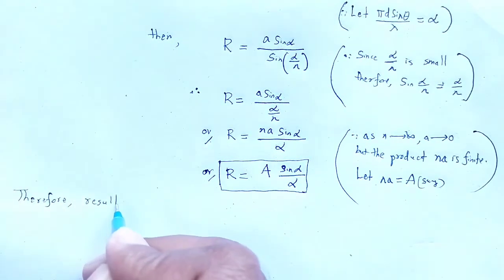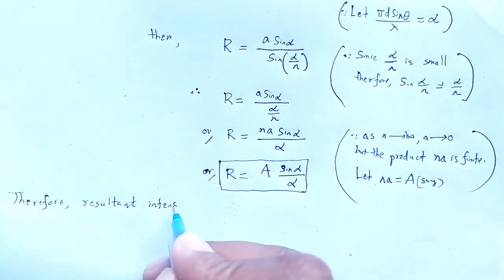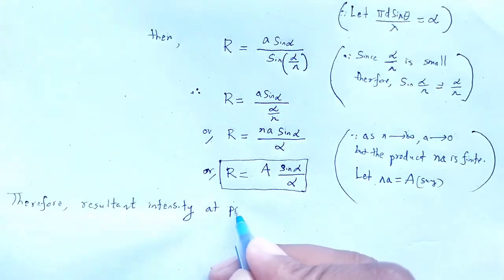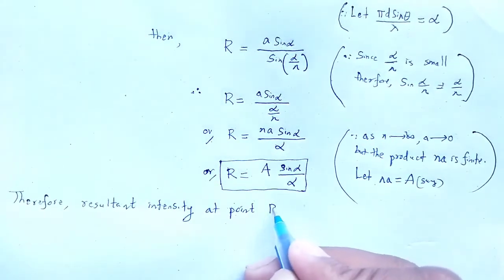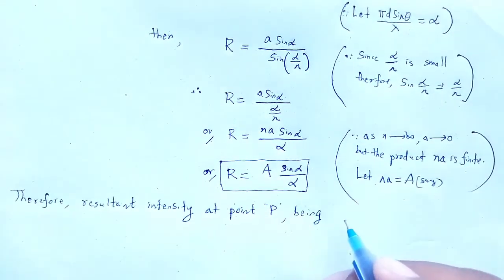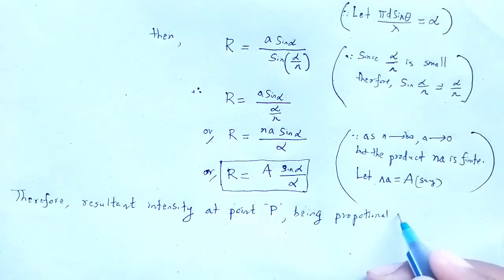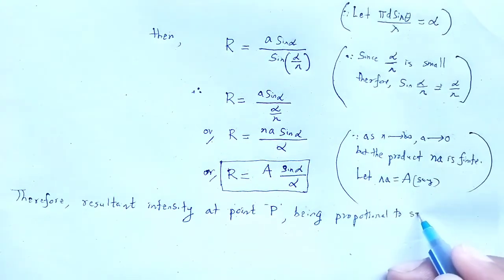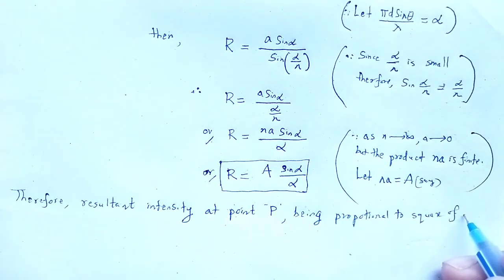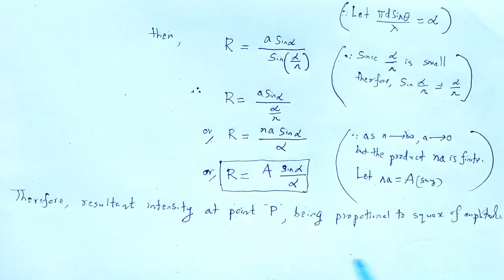Therefore the resultant intensity at point P being proportional to the square of amplitude.